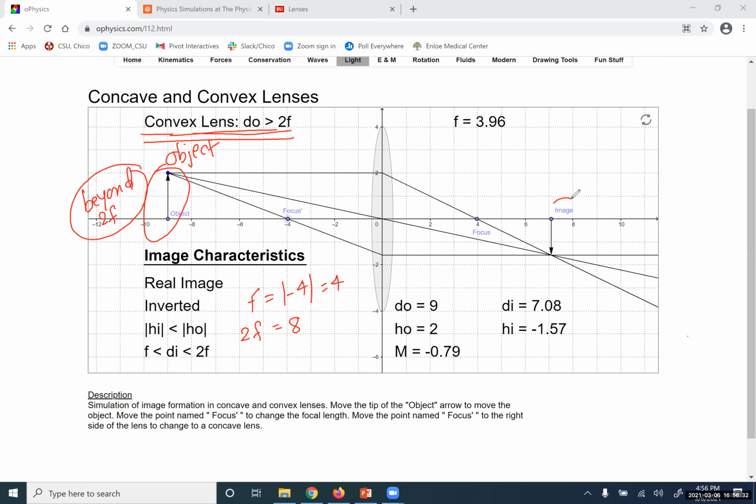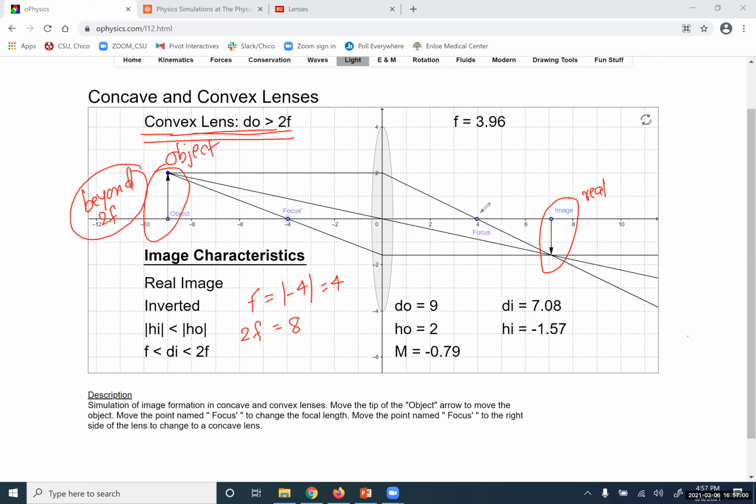You see, this is the intersection of actual refracted rays, so this is the real image. It is formed between f and 2f.